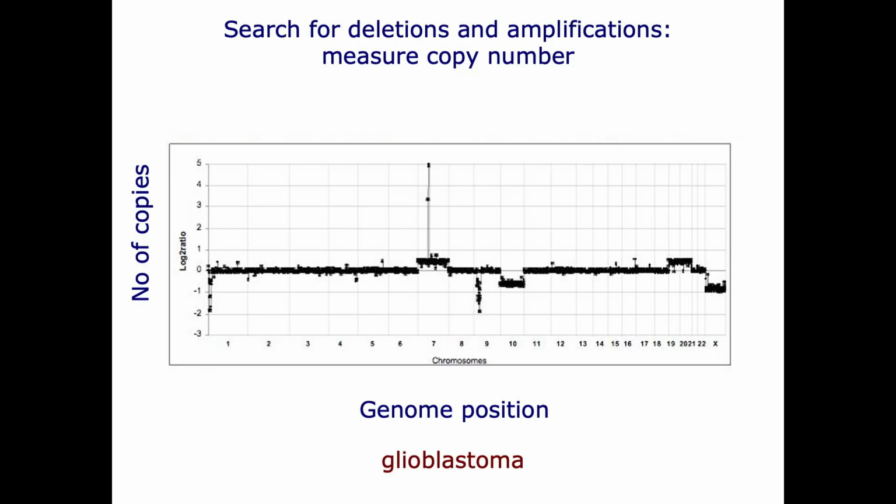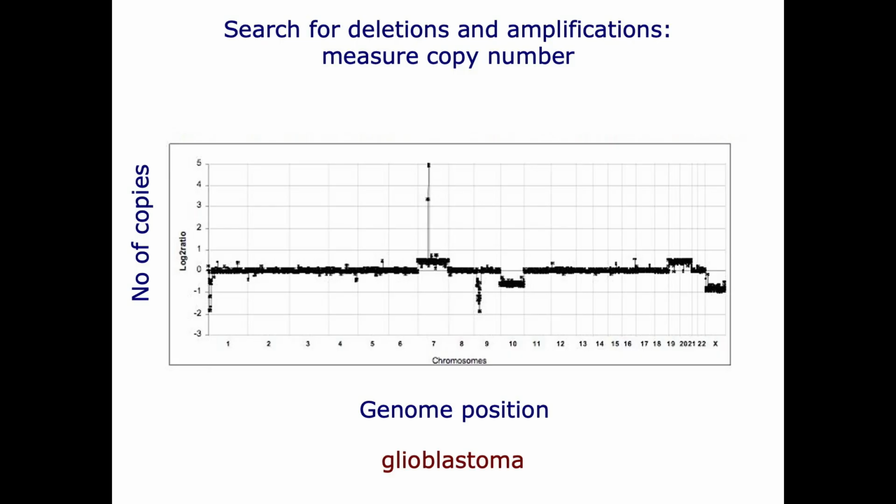It uses an older technique of hybridization. Nowadays, what you would do would be to sequence the genome of this glioblastoma using small sequences, and you count the number of sequences that map to each different part of the genome, and this gives you a very good estimate of the number of copies of each different bit of the genome. This was done by the older technique of hybridization, but it serves our purposes.